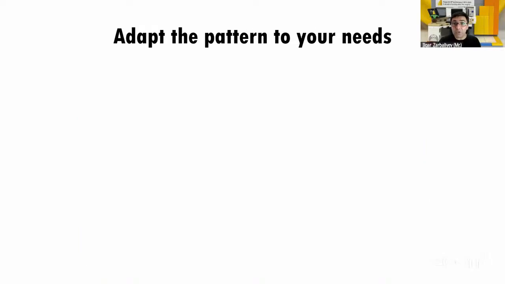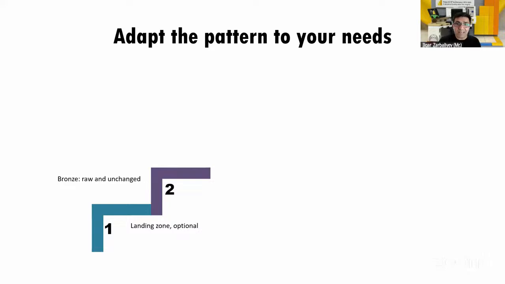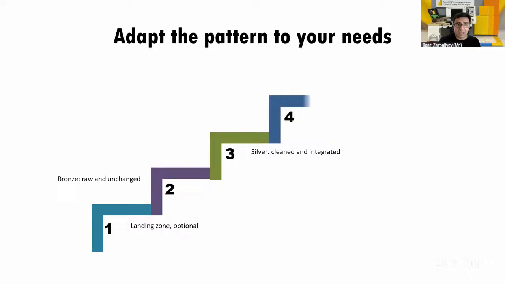Before we move into Fabric, one caution. Three layers is a starting point, not a rule handed down from above. Depending on your use case, you might add a landing zone before bronze for data that arrives in a particular format and needs a holding area first. Or you might add a domain-specific layer beyond gold for one team's particular needs.